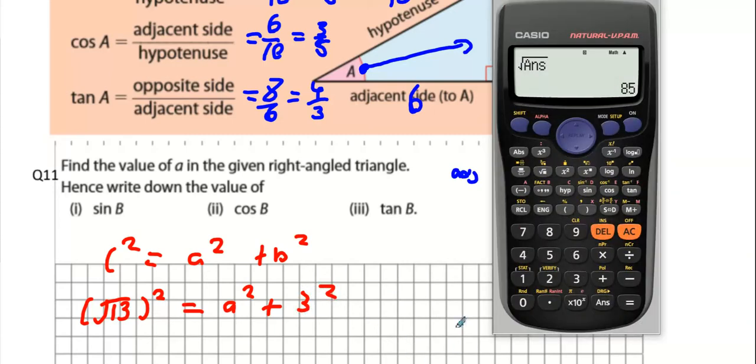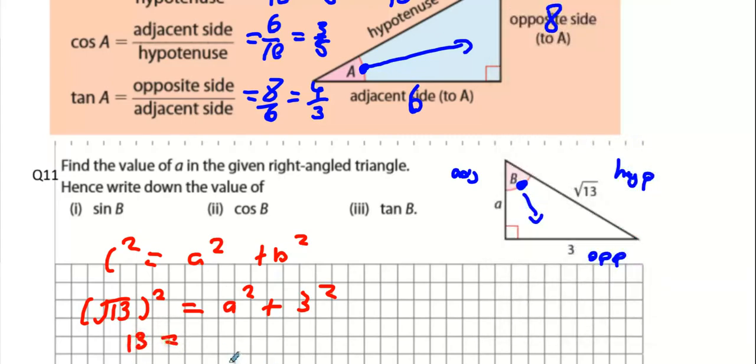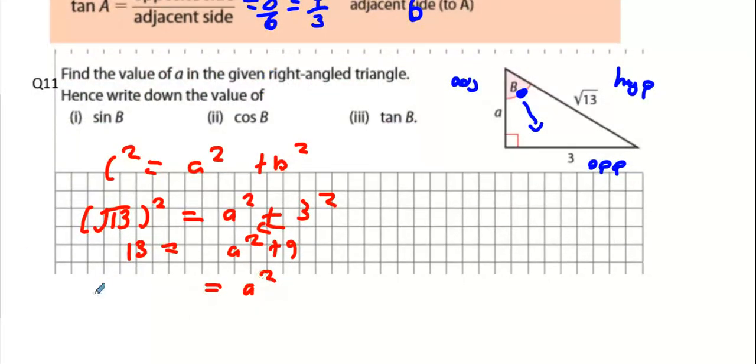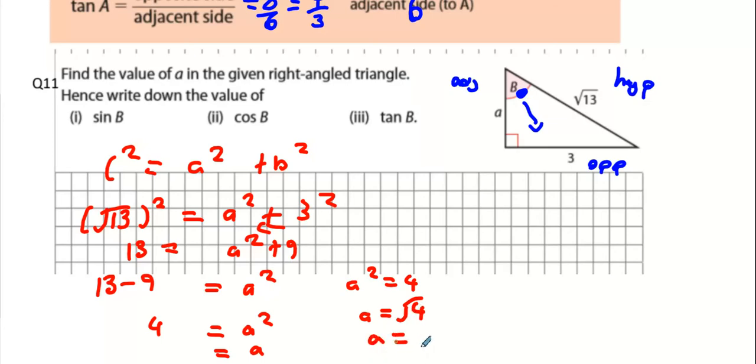Now root 13 squared, if you put it in your calculator, exactly as I have it written, with the square on the outside, not the inside, if you can, and you get 13. 13 equals a squared plus 9. Move the 9 to the left, so we get a squared equals 13, take away 9. 4 equals a squared, square root both sides, a equals square root of 4, a equals 2.